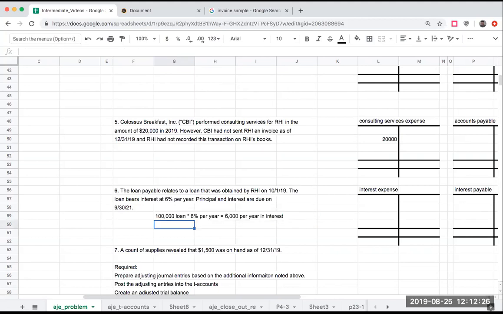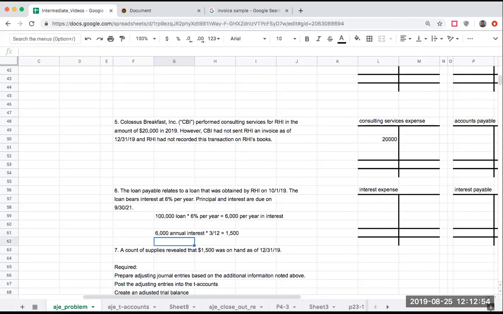However, similar to the other questions, we borrowed the money on October 1st, so this $6,000 would be for a full year. For us, and again, we're going to count this on our fingers, October, November, December, we need to take $6,000 annual interest times 3/12, and we're going to get $1,500.